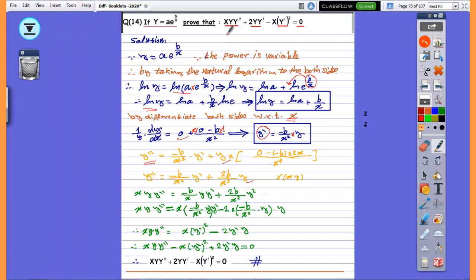Here the required is to prove that x y y double dash plus 2y y dash minus x y dash all square equals 0. Here we have y double dash, so to get this term we must multiply by xy.